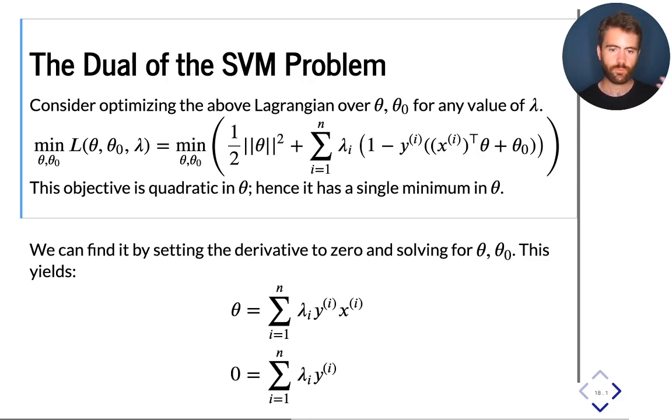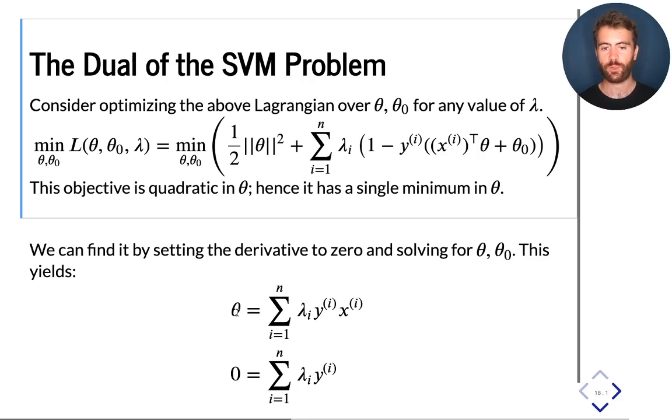The derivative is going to be the gradient, and the gradient will equal 0. The gradient is a vector, and that will give us a set of equations. From these equations, we can derive the following. So these equations have to hold, and one of these equations happens to be an expression for theta.